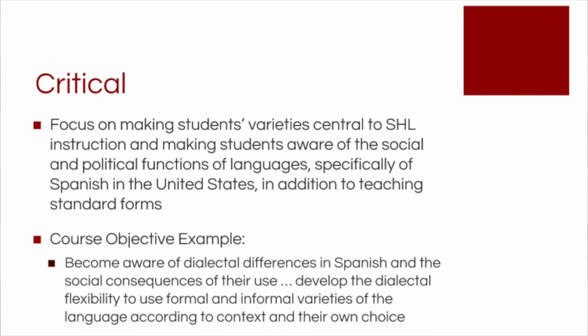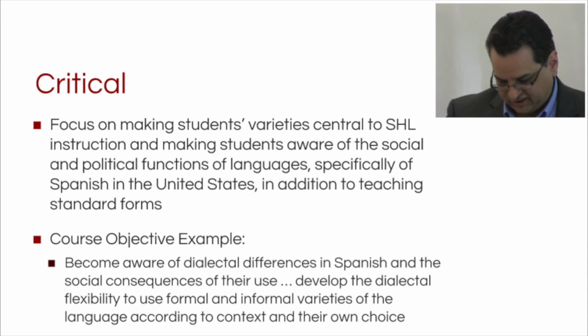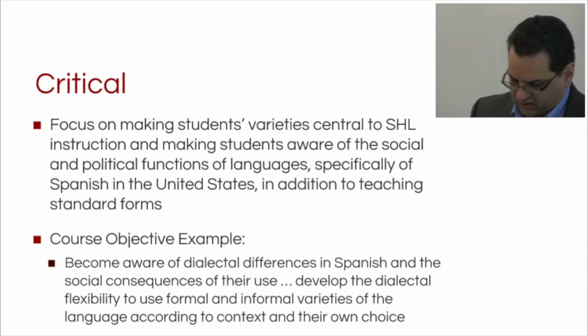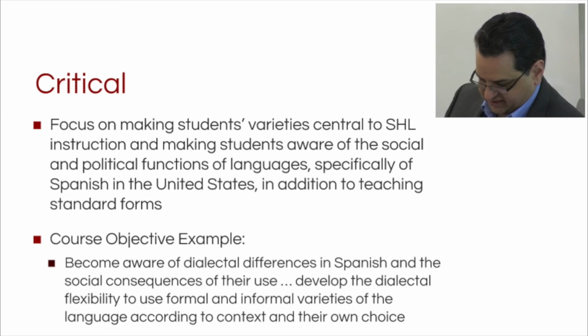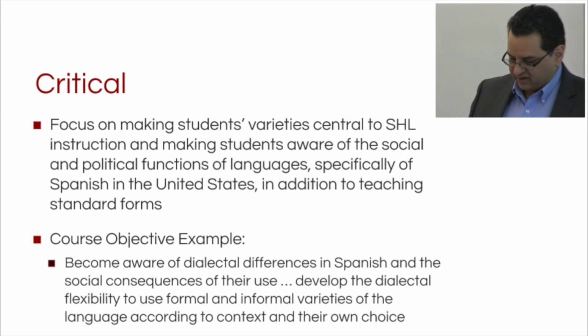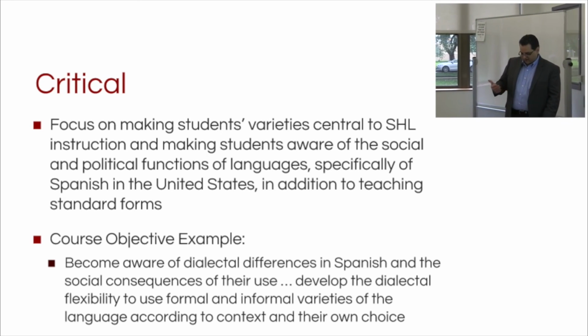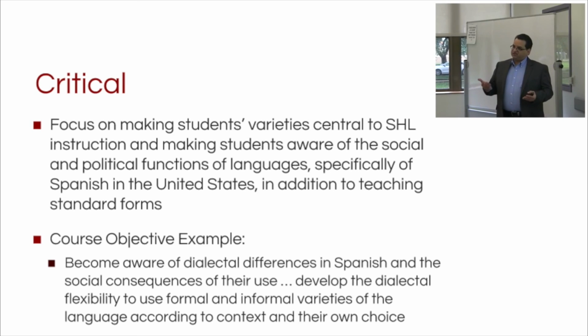And then the critical approach is a focus on making students' varieties central to heritage language instruction and making students aware of the social and political functions of languages, specifically of Spanish in the U.S., in addition to teaching standard forms. So, there are many varieties and manifestations of the critical approach, but all have in common a focus on social and political functions. There are different ways of implementing this focus, right?